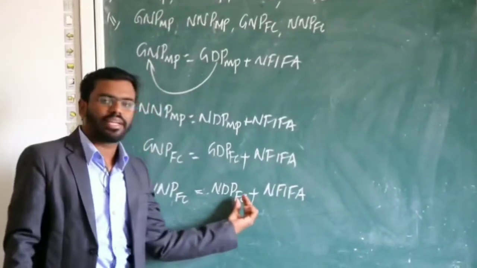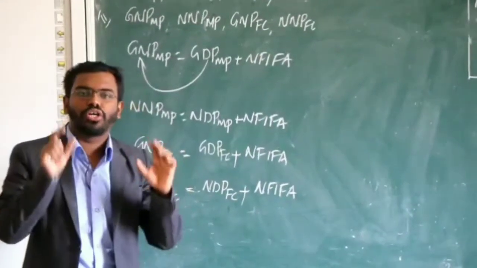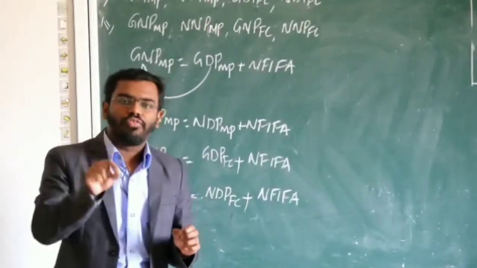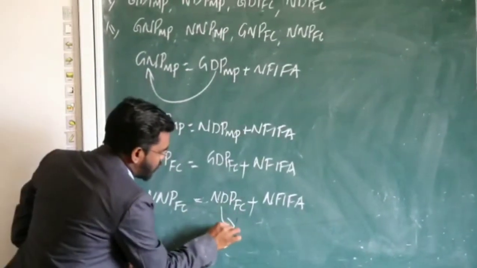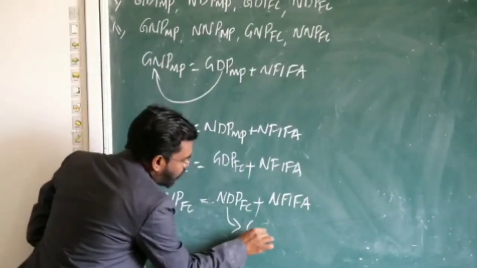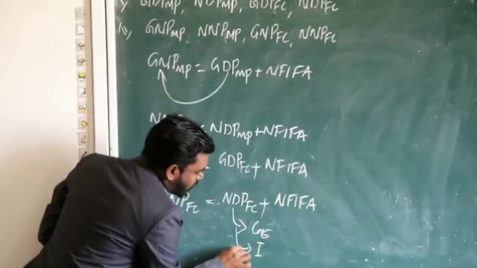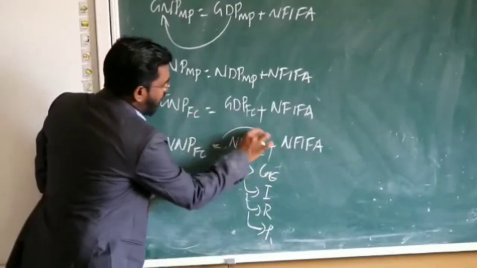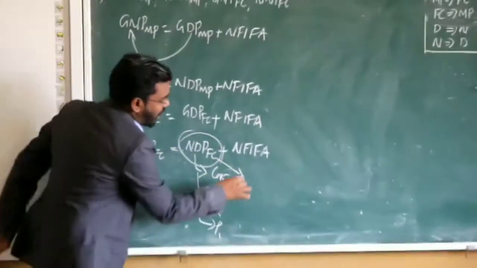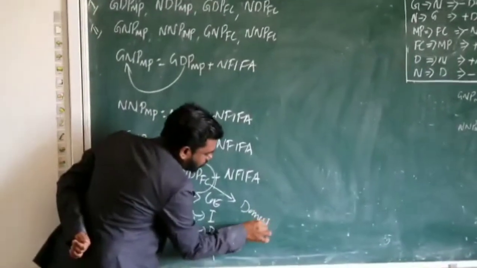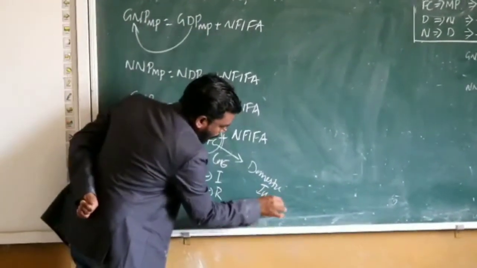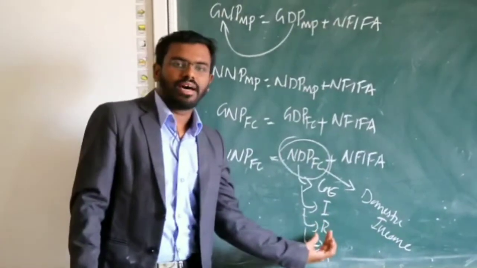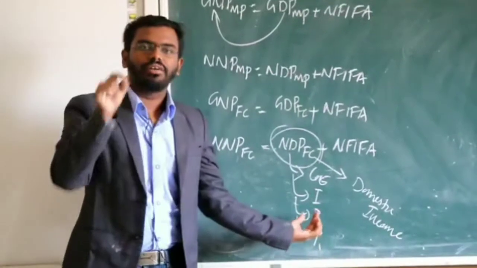What is this NDP-FC? Net domestic product at factor cost. It is the sum total of factor income generated within the domestic territory of a country. That is, NDP-FC means compensation of employees plus rent, interest and profit. Simply, NDP-FC is known as domestic income because it includes all the factor income generated within the domestic territory of a country.